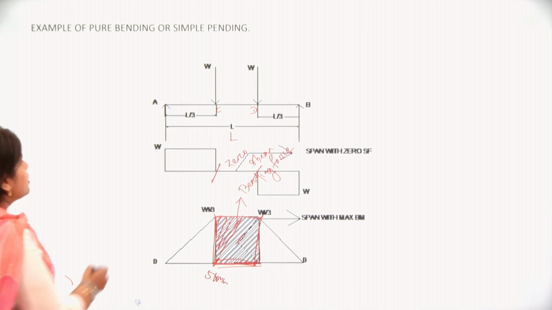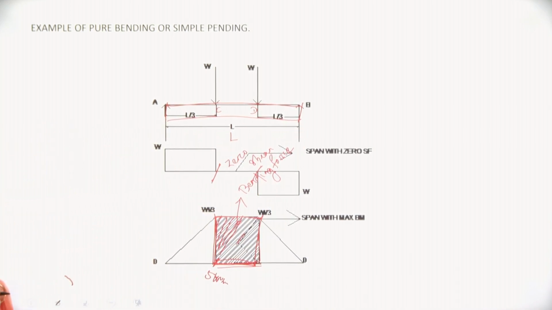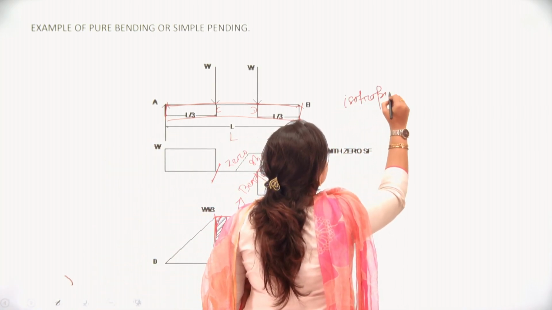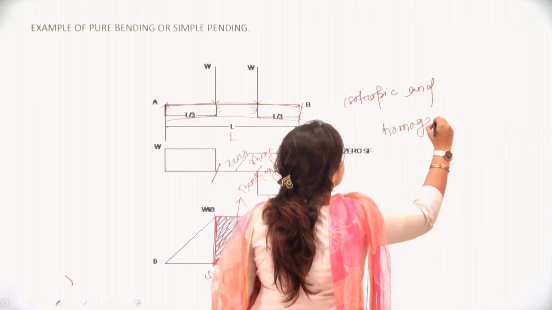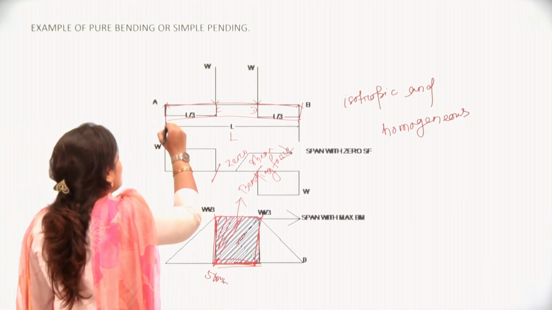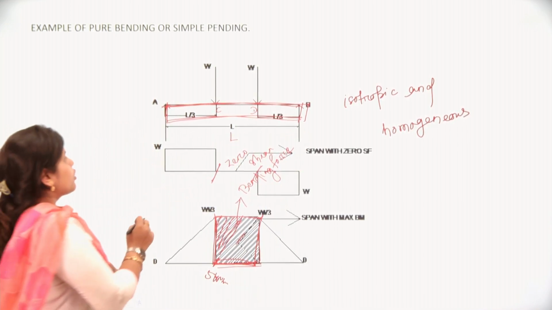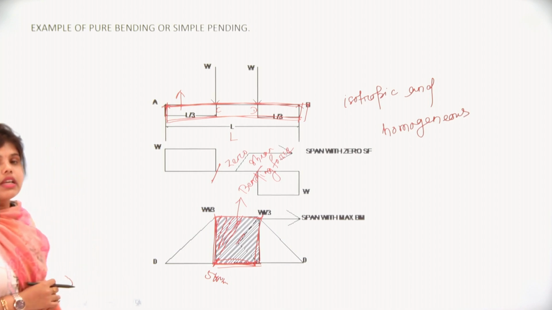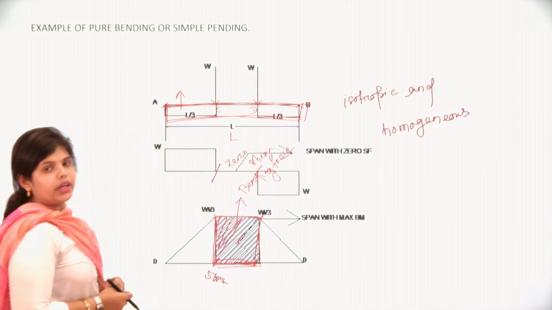Here you can see the beam. Isotropic and homogeneous means the whole material of the beam will be the same, with no difference in any direction. The material is the same in all directions and at every point.